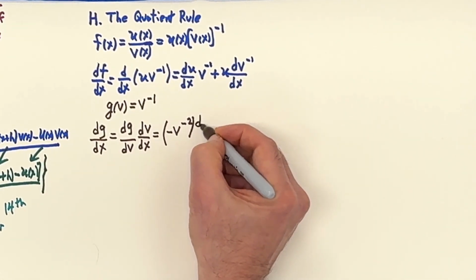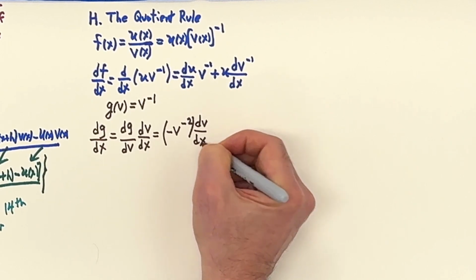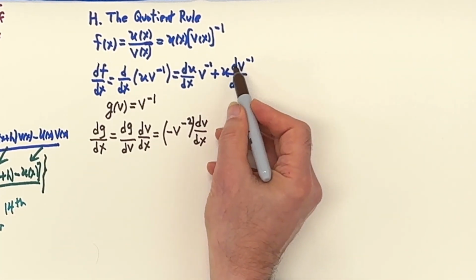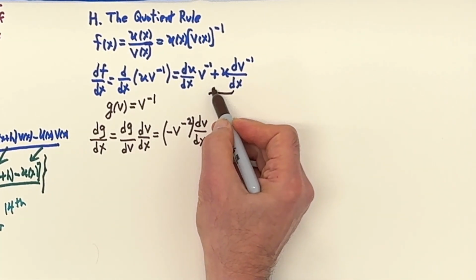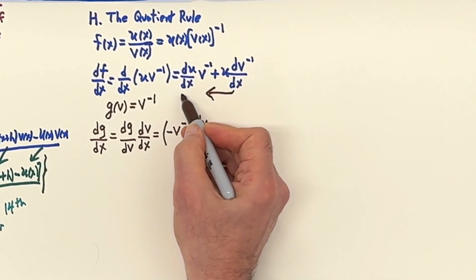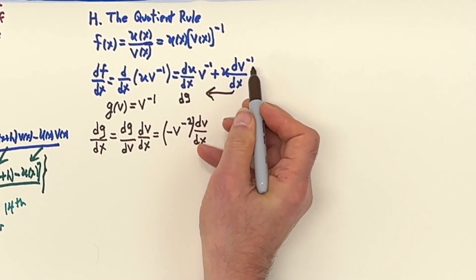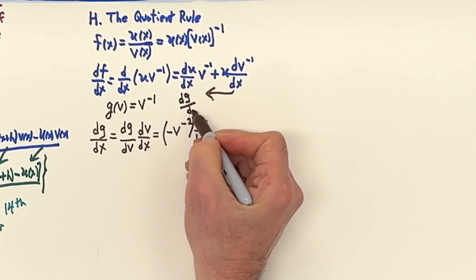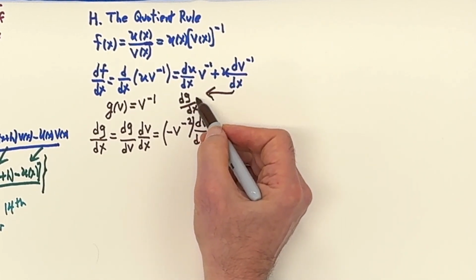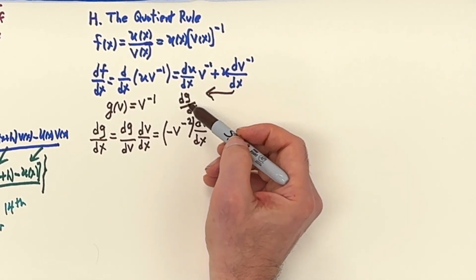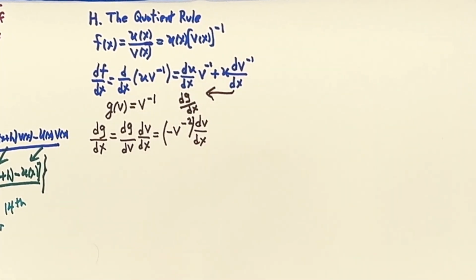So we'll just simply put down dv dx second, like that. So the second term here is simply dg dx, because g is v to the minus 1, and then I simply use the chain rule.